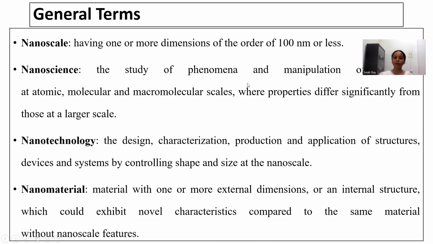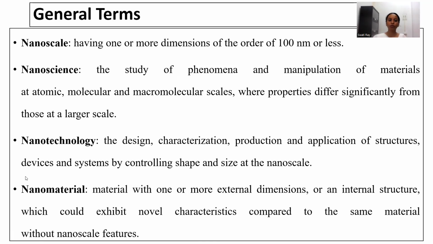Nanoscience is the study of phenomena and manipulation of material at atomic, molecular, and macromolecular scales, where properties differ significantly from those at a larger scale. Nanotechnology deals with the design, characterization, production, and application of structures, devices, and systems by controlling shape and size at the nanoscale.